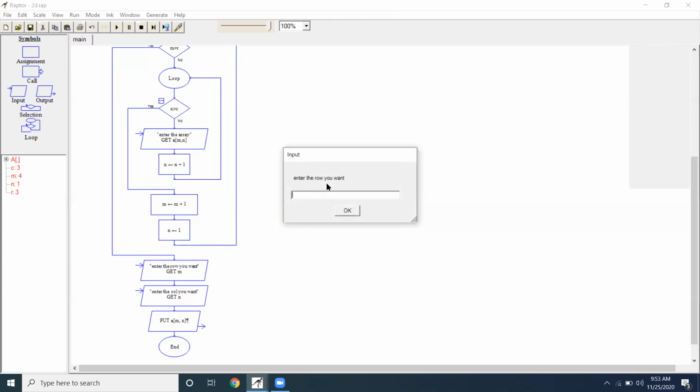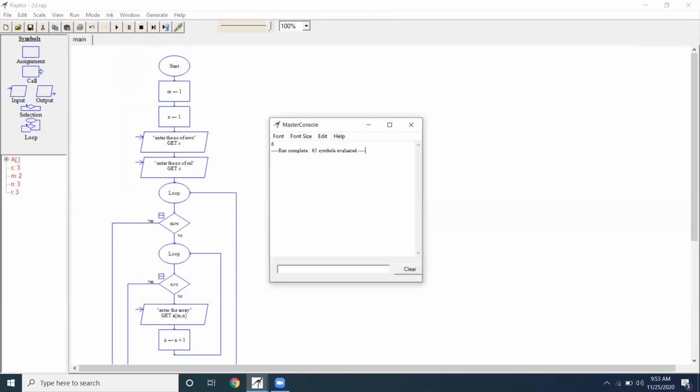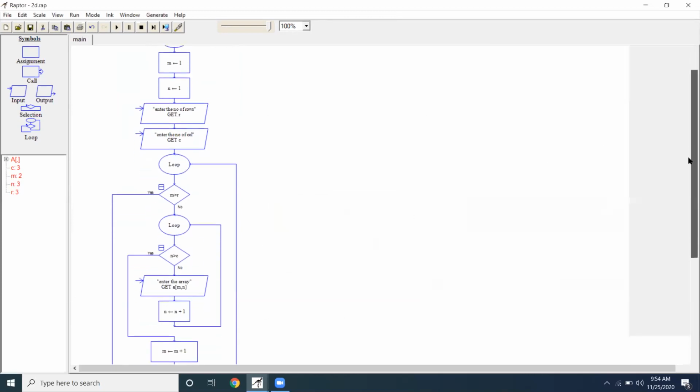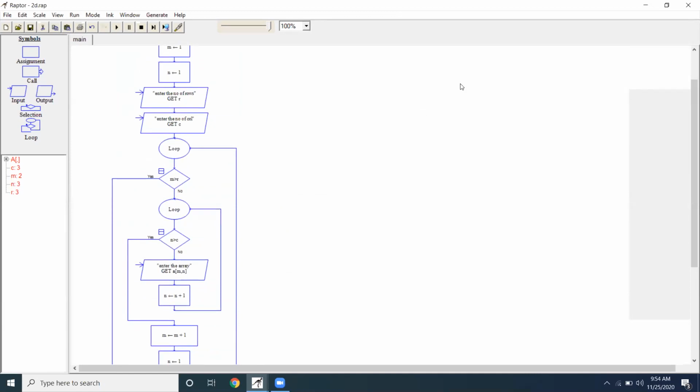I want something like 2, 3. So second row, third column. Okay, 6. Fine. I think you can also write another loop of the same type to output all the numbers based on 1, 1, 1, 2, 1, 3 like that. That's easy anyway. If you can get this, it is very easy for that also. Yes, sir.